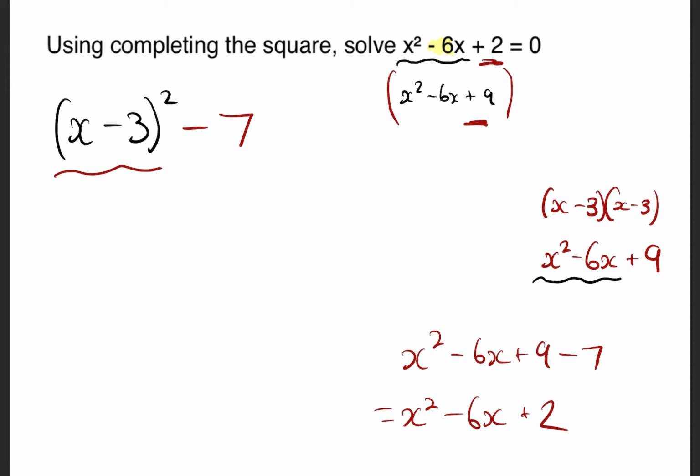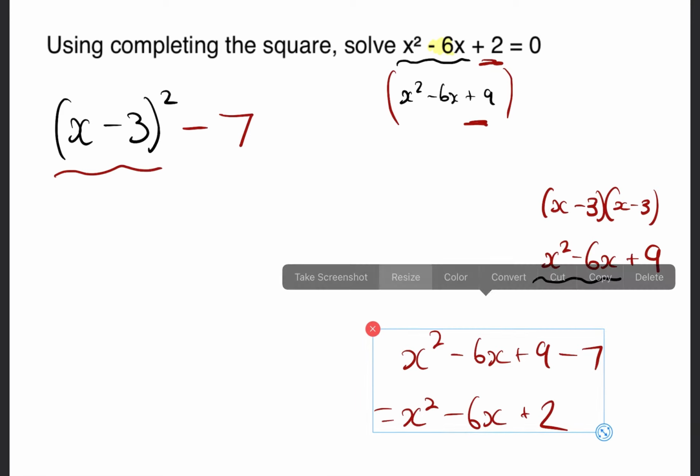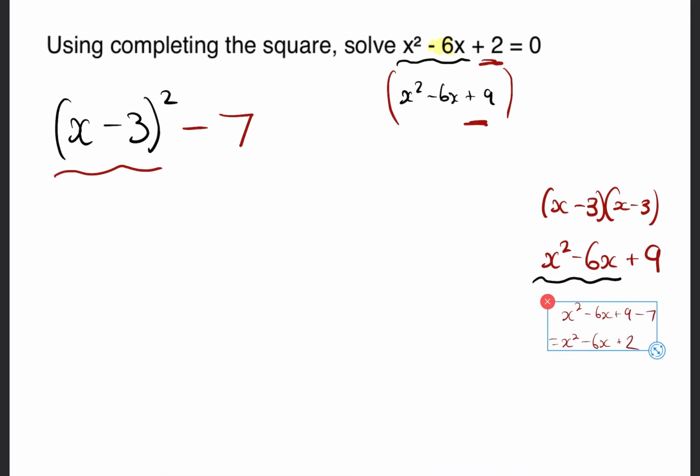So there we are. And now we have to solve it. So here's our extra step. I'm going to rewrite this now. x minus 3 squared minus 7 equals 0.